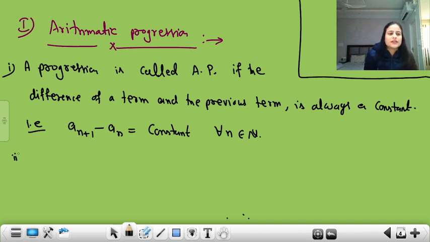And the second, we can say a progression is said to be arithmetic progression if each term of the progression can be obtained, except the first term, by adding a definite quantity to the previous term, right? So that is the second definition.